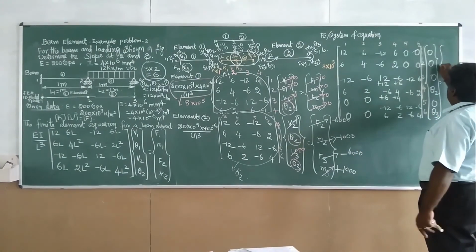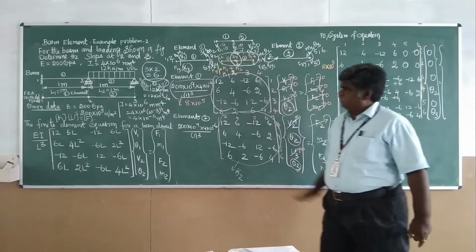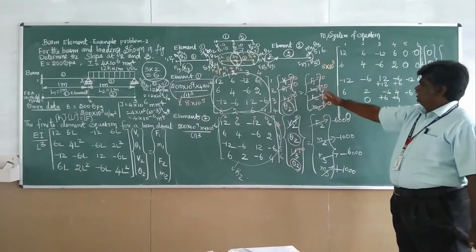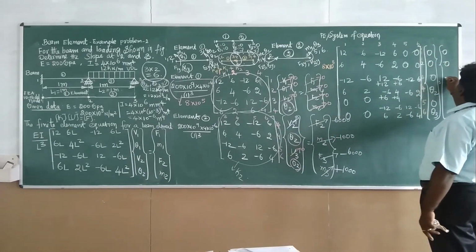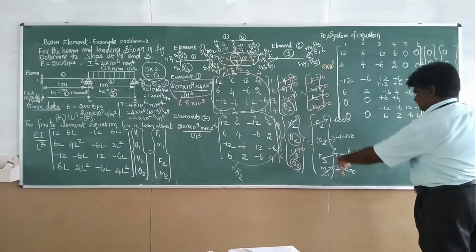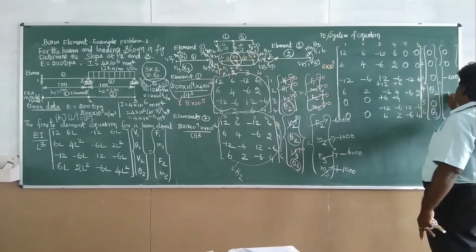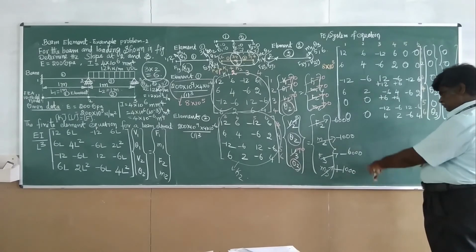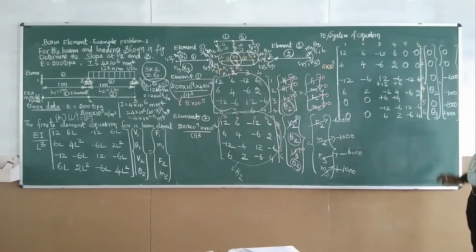Then apply the force vectors. For element 1, F1 and M1 is 0. So F2 is minus 6000, M2 minus 1000, minus 6000, then plus 1000. So we have a global force vector.